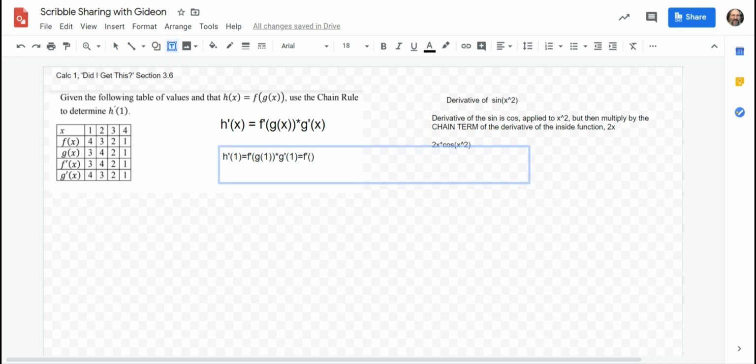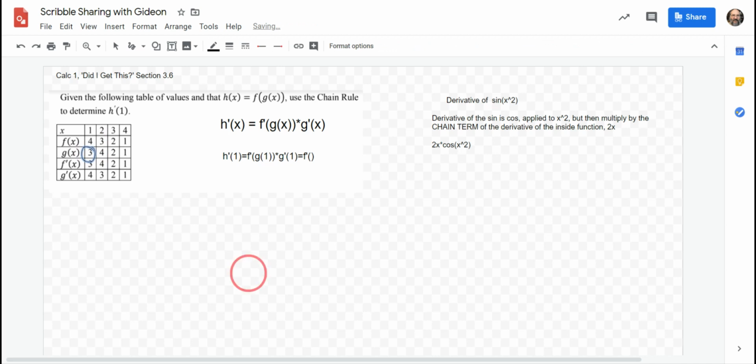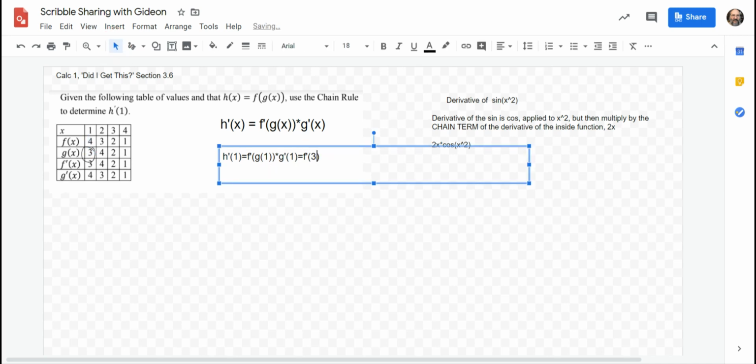We need g of 1. So we need this value here. We need this value here. g of 1 is 3. So the g of 1 is 3, so we put that in.